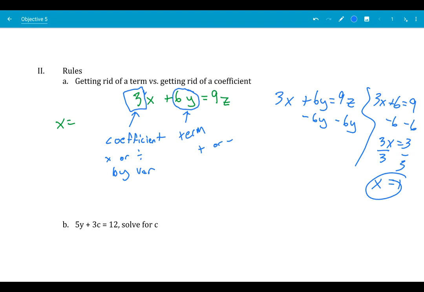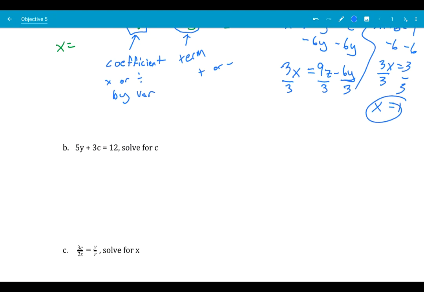The big difference here is now I can't do 9z minus 6y because they are not like terms. So instead of trying to perform math to combine them together, since I can't do that, I just leave them separate over on my other side. I get rid of coefficients the exact same way, except with the difference being if I have multiple terms over on the other side, I'm going to need to divide both sides, both terms, by that number.